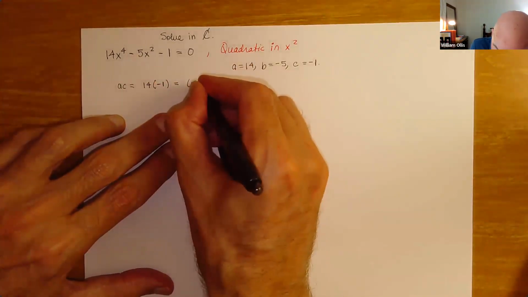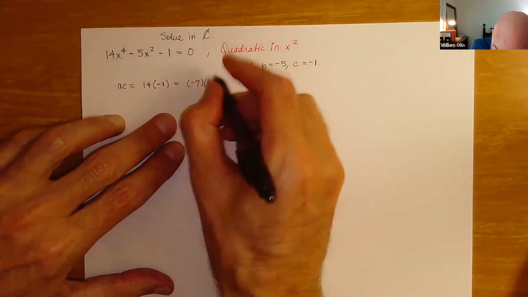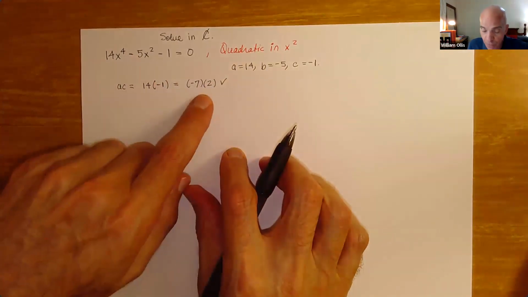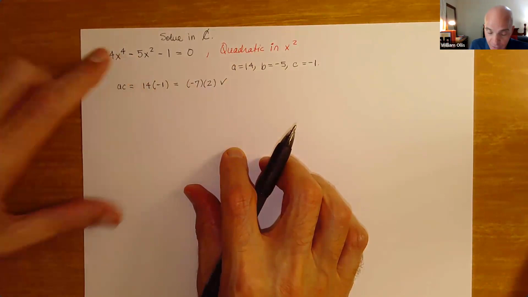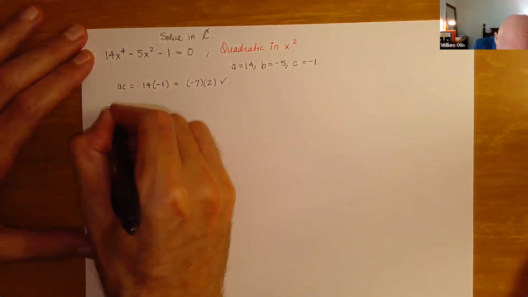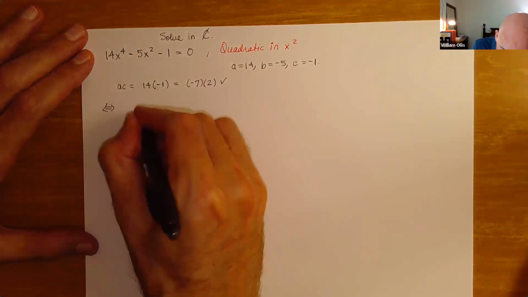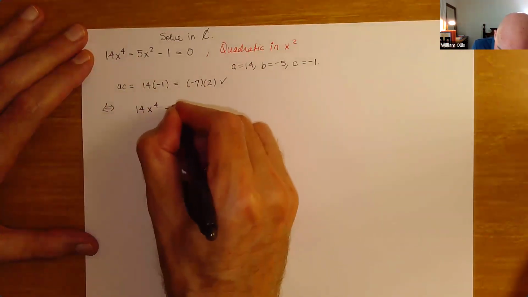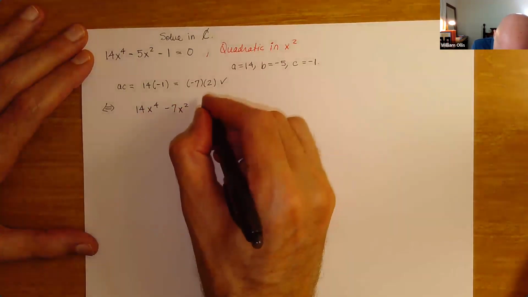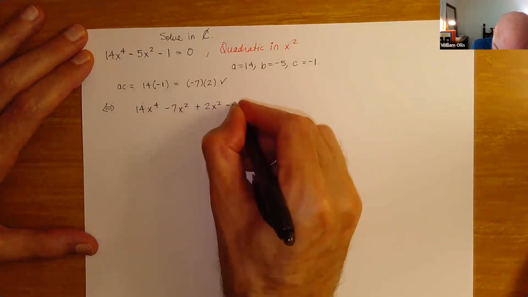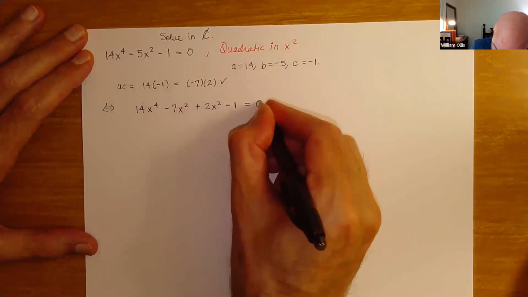So we can just do -7, in this case, times the 2. And the sum of these two factors does give us -5. So that's a check. So now equivalently, we can rewrite the middle term, 14x to the fourth minus 7x squared plus 2x squared minus 1 equals 0.